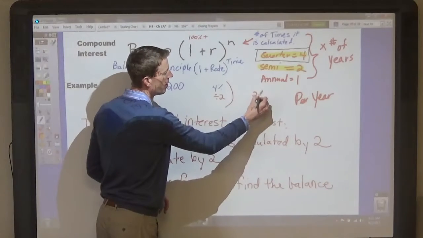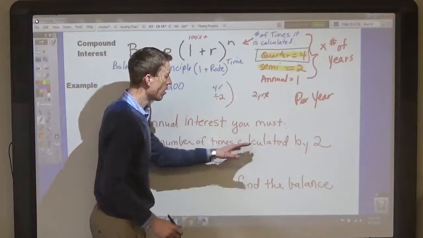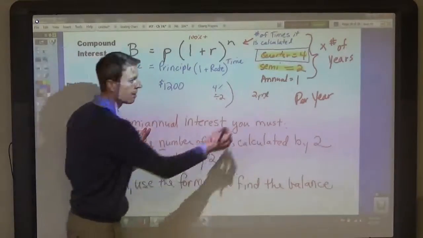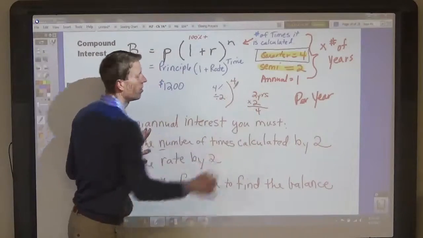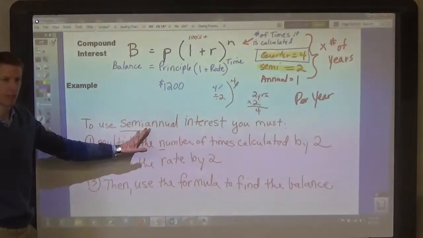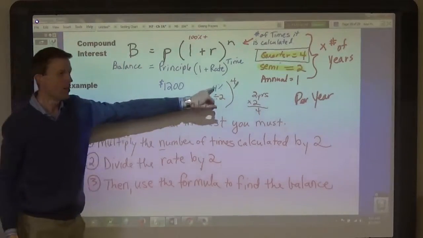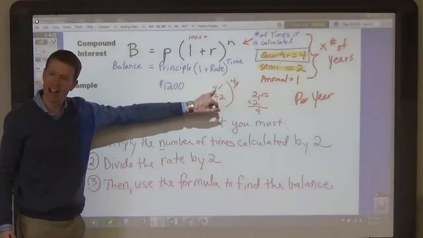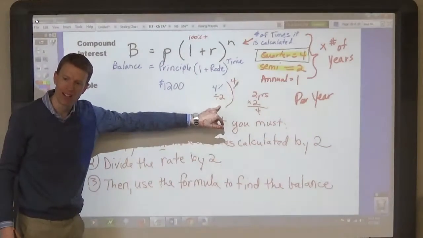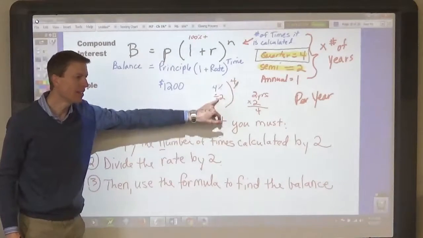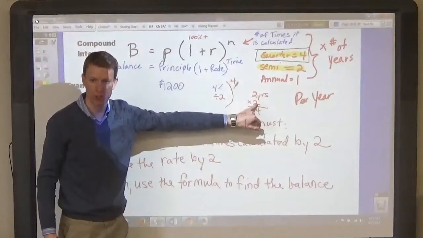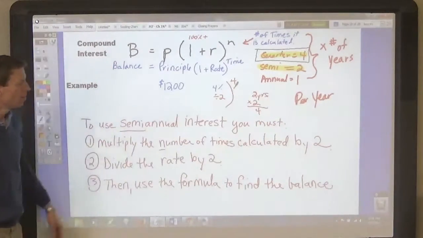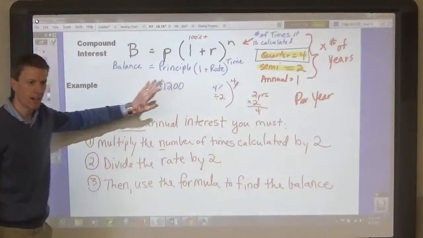So if it's 2 years, because we're finding semi-annual interest, it's going to be calculated 2 times per year. So that's how we get the exponent. But we don't get 4% every time, we get half of that every time. So we have to divide the rate by 2 and then multiply the years by 2. Okay? Now, put this formula together.